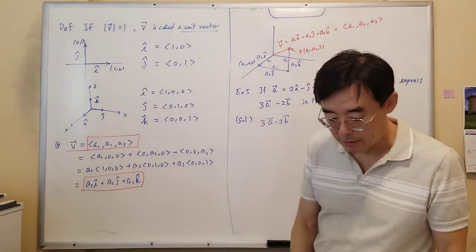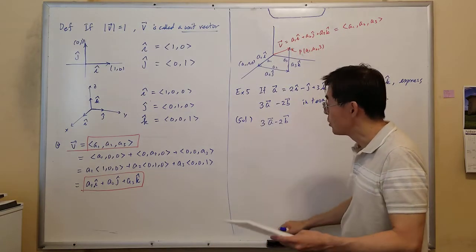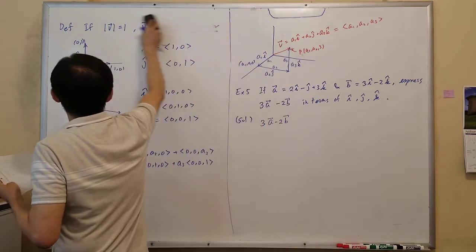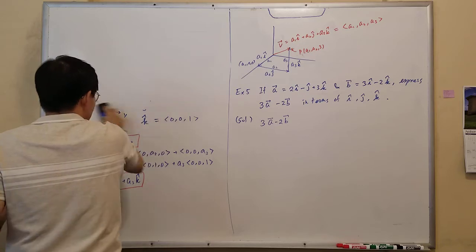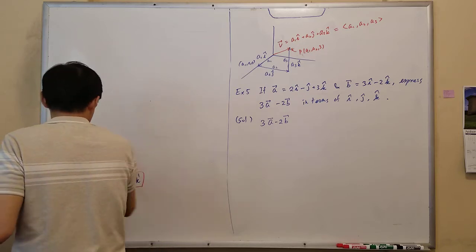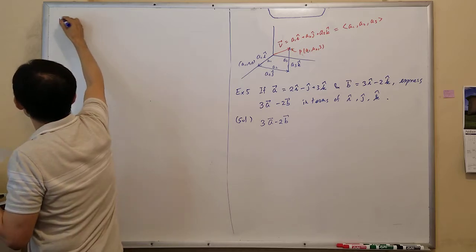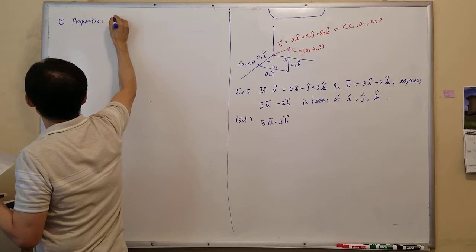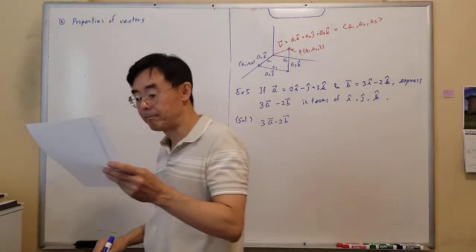Oh, before I do this one, I forgot to do a very important thing. Our second part of the lecture should have started with this: properties of vectors of any dimension.